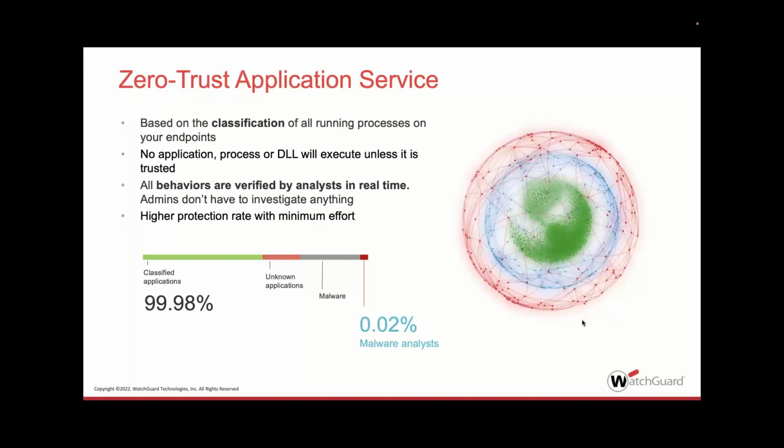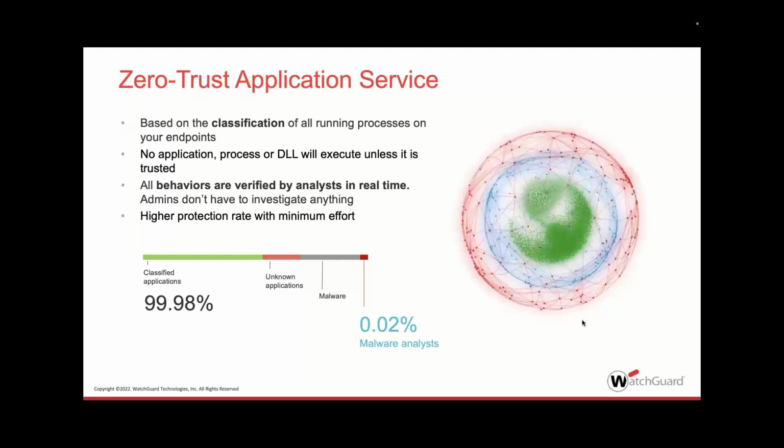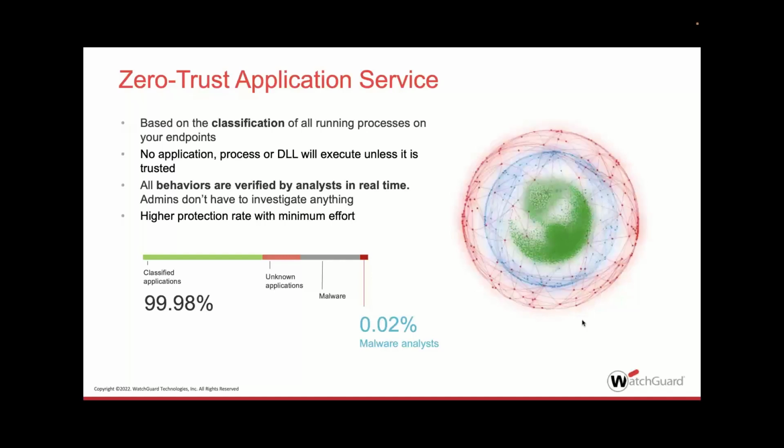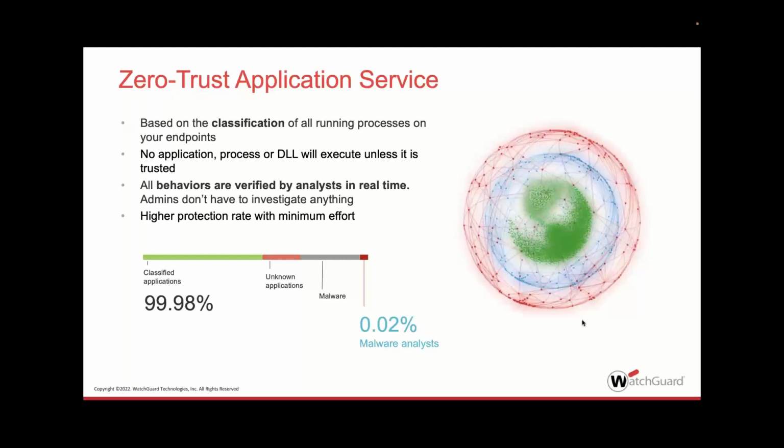But keep in mind that we get 400 to 500,000 files a day, and 0.02% is still an interesting amount of files that actually go through an analyst. But when files go through an analyst, you typically would not want those files executed in the endpoint. In a word, they are bad. We're just determining how bad they are.